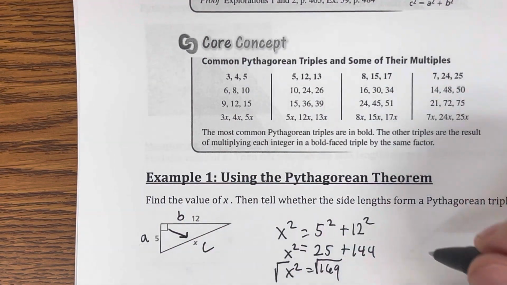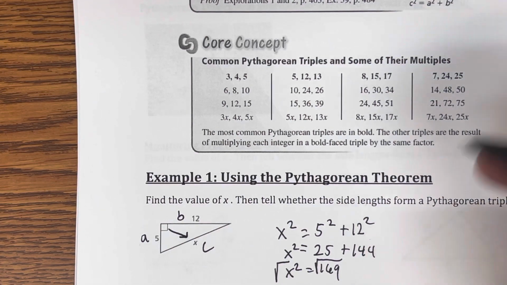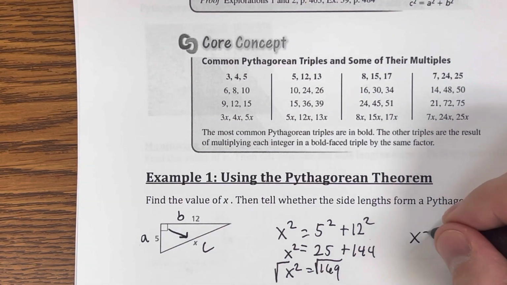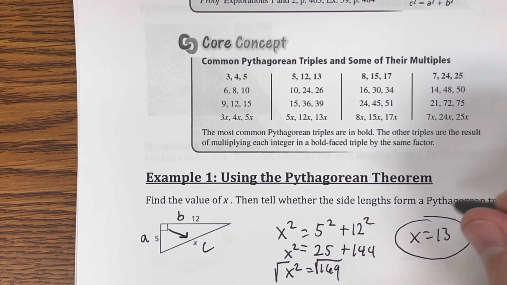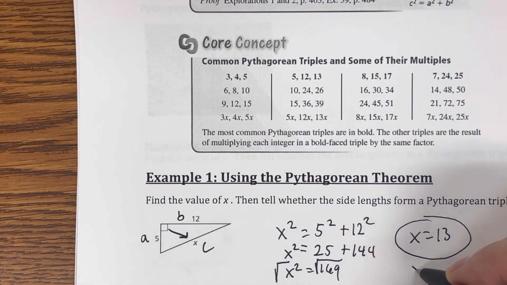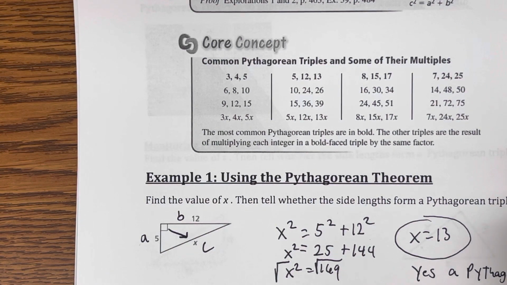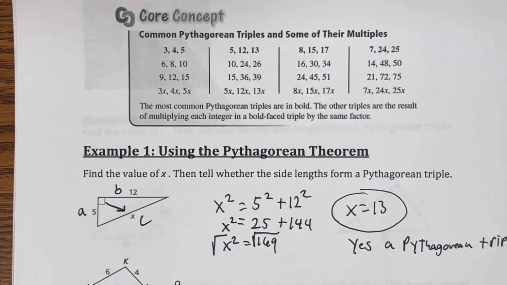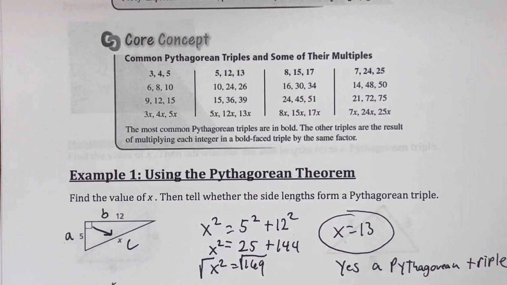So x is equal to the square root of 169, and in this case I get a whole number that is 13. So the side lengths are 5, 12, 13. Yes, indeed, that is a Pythagorean triple. Pretty much if we get 3 whole numbers, it's a Pythagorean triple. Okay, so we wrote down that yes, it was a Pythagorean triple.